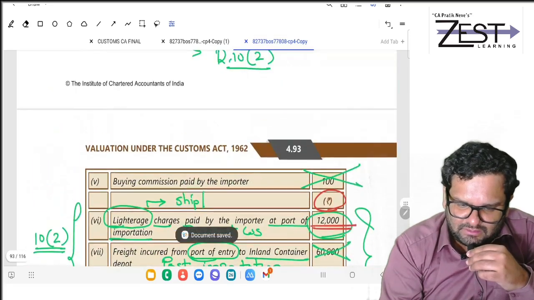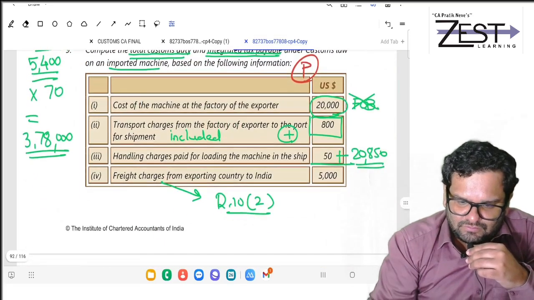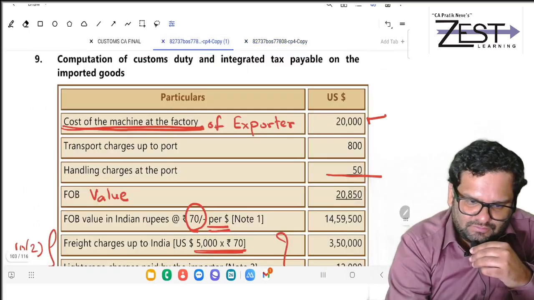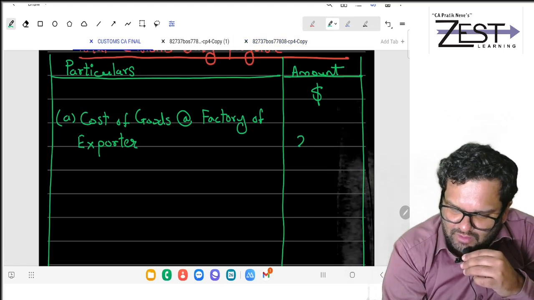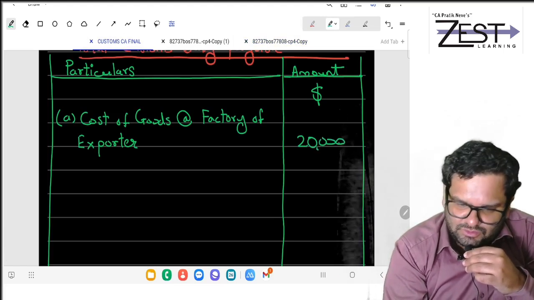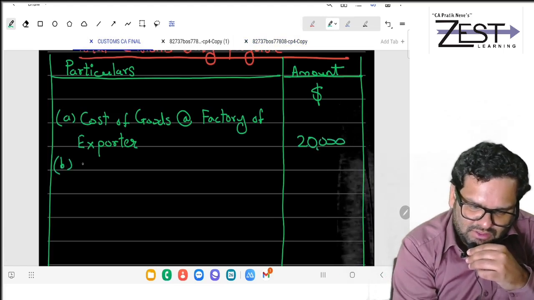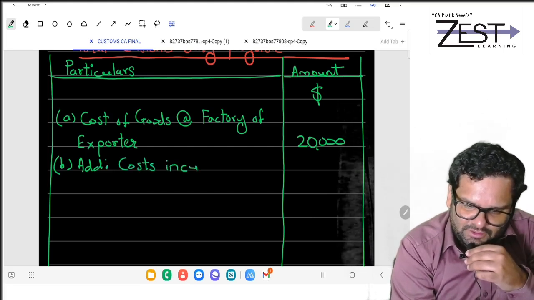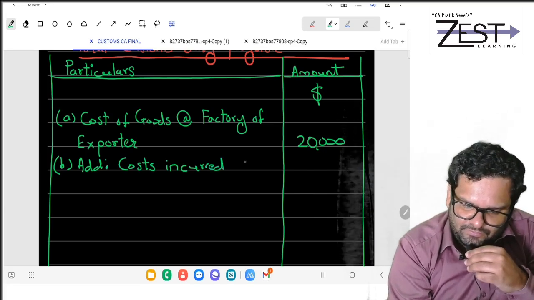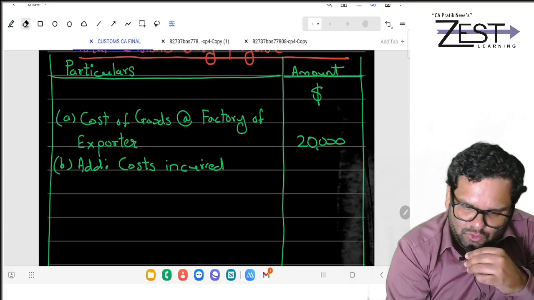I think that was 20,000. Sorry, that was 20,000. So, I will take 20,000. B point, add. Can I say add costs incurred up to exporter's port?